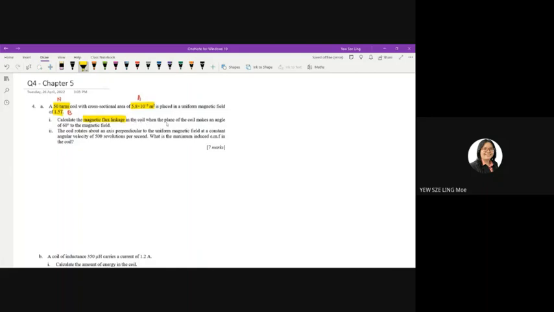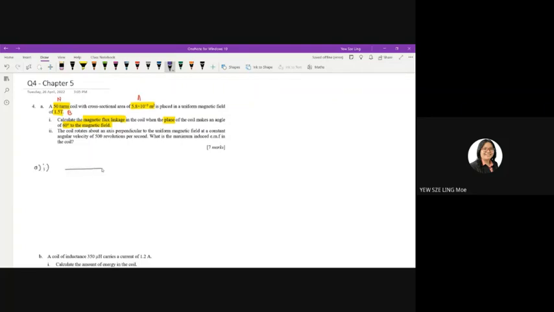So in the coil, when the plane of the coil makes an angle 60 degrees to the magnetic field. Now it tells you plane and the field, okay? The angle between the plane and the field is 60 degrees. What does that mean? When it comes to these questions, I would encourage you to sketch it out. Why did a lot of you get the wrong angle? Because you didn't sketch the diagram.